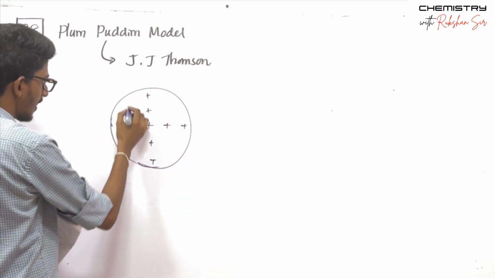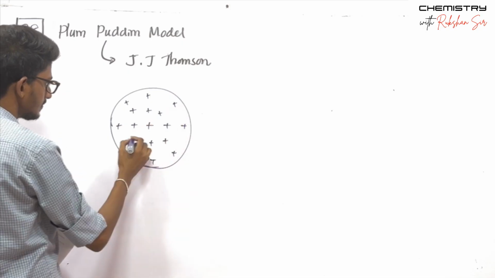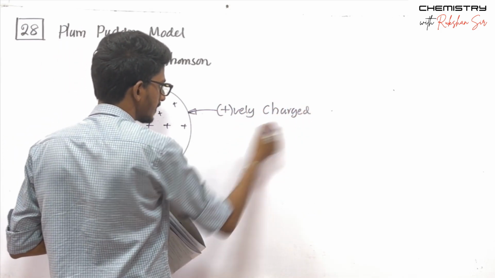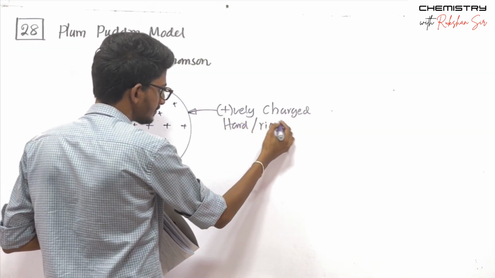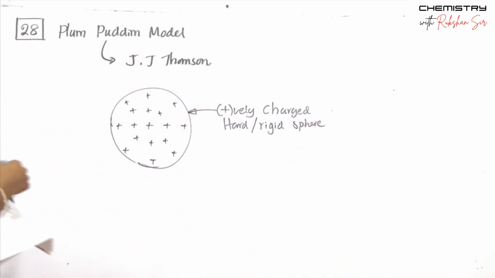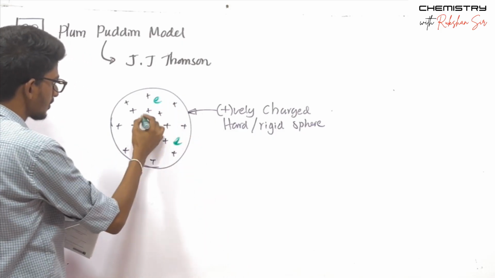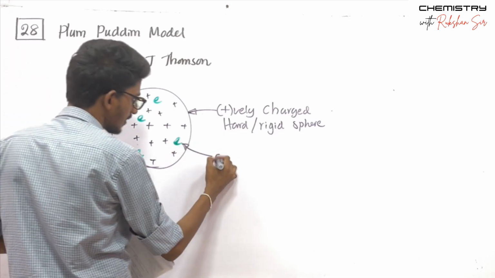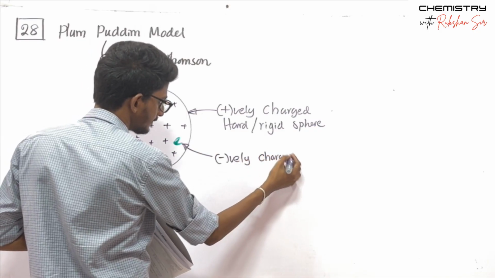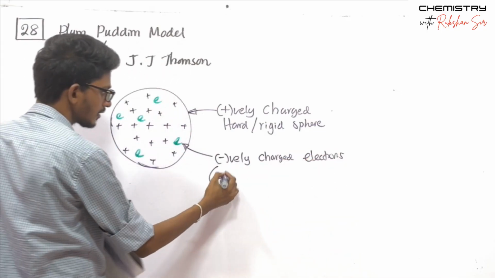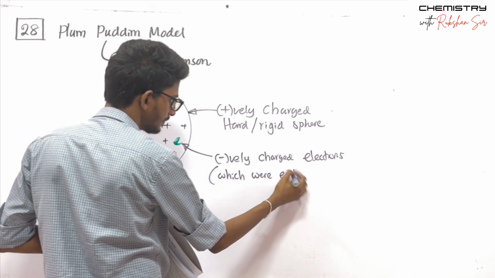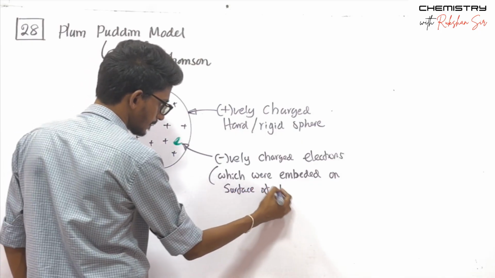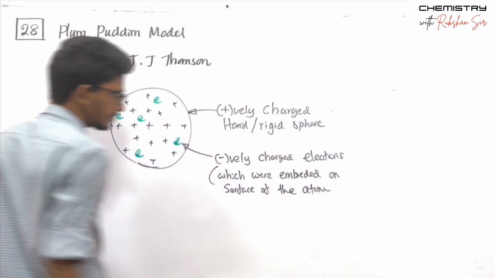positively charged hard or rigid sphere, and here and there electrons are appearing like plums on a pudding, negatively charged electrons which were embedded on the surface of the atom, the surface of the rigid sphere.